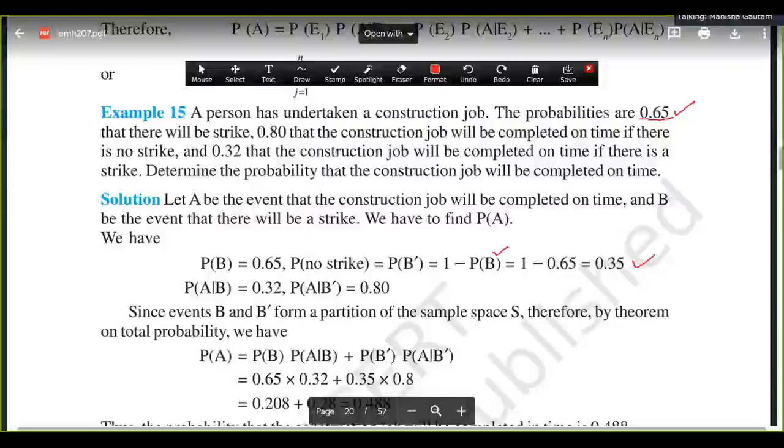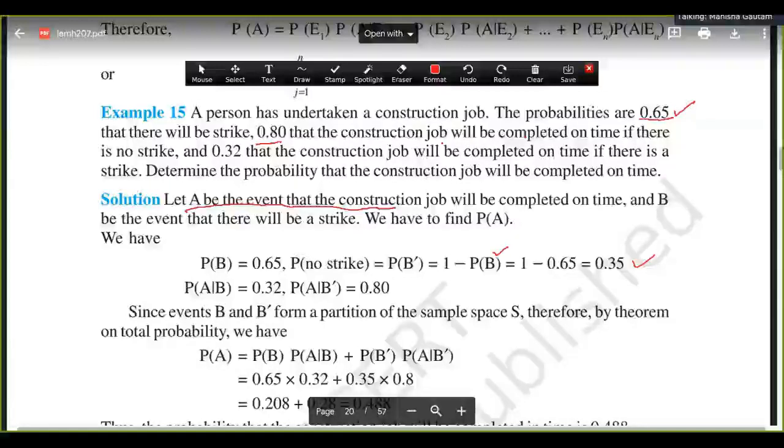The second thing given is 0.80, the probability that the construction work will be completed on time if there is no strike. Work completed is an event.